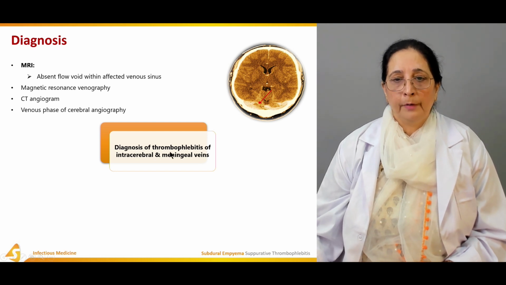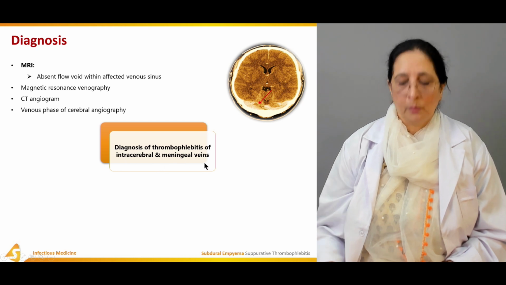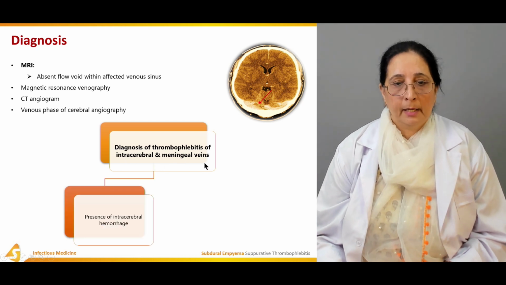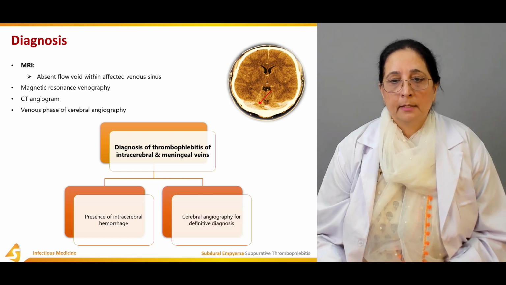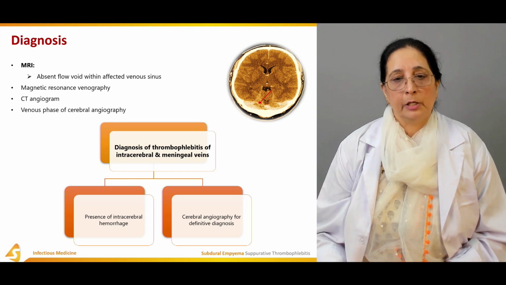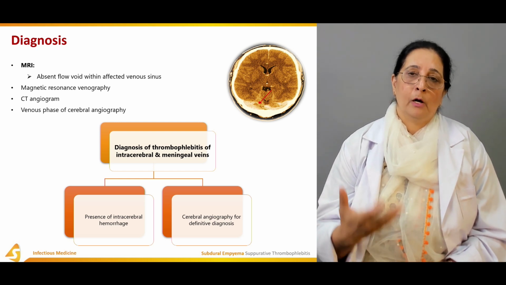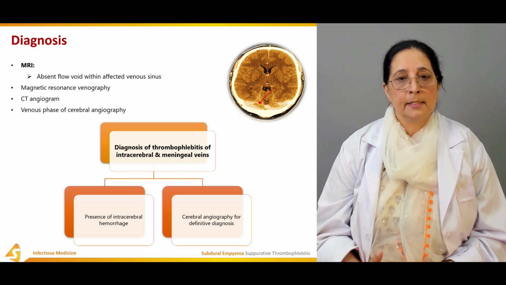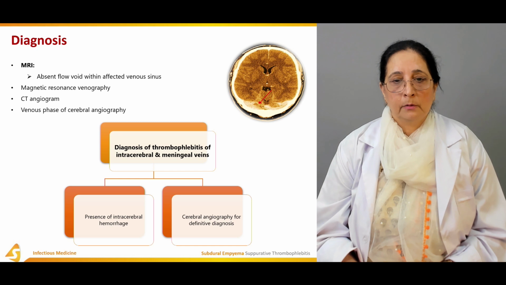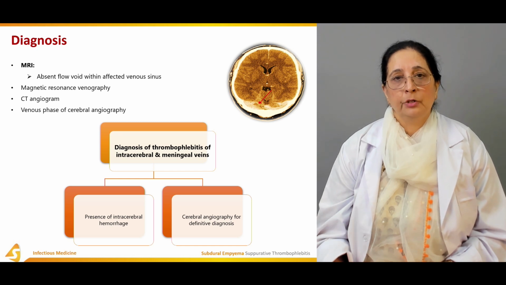Diagnosis of thrombophlebitis of intracerebral and meningeal veins is by the presence of intracerebral hemorrhage, with cerebral angiography for definite diagnosis. So we can diagnose by MRI, CT, and angiography.